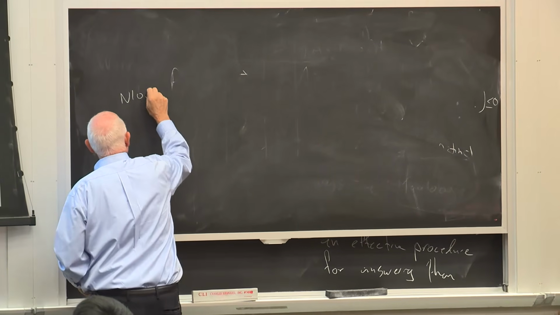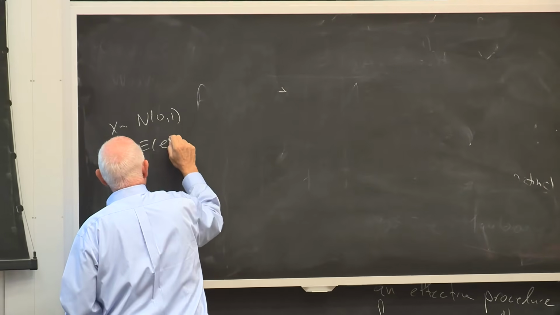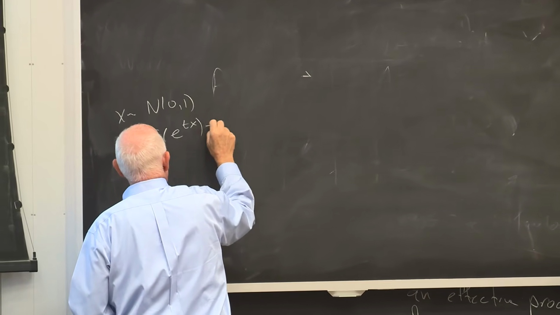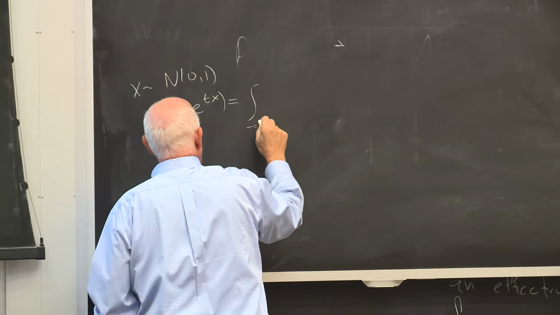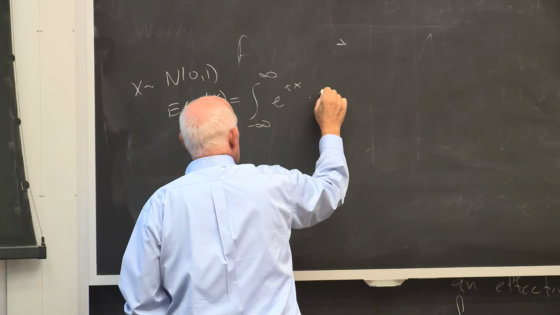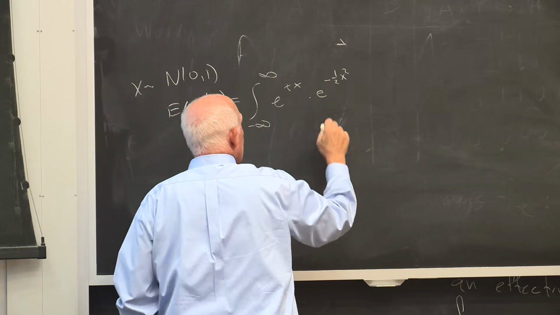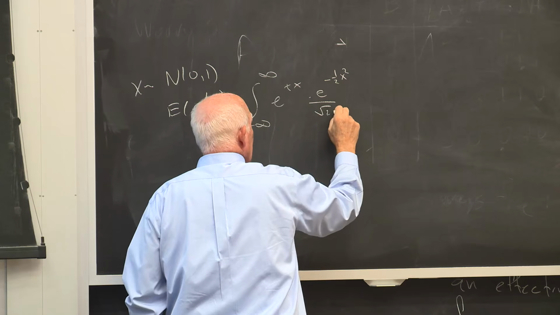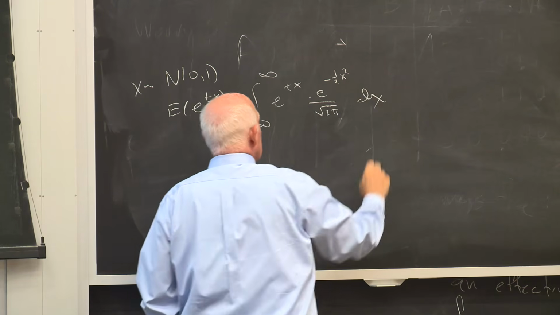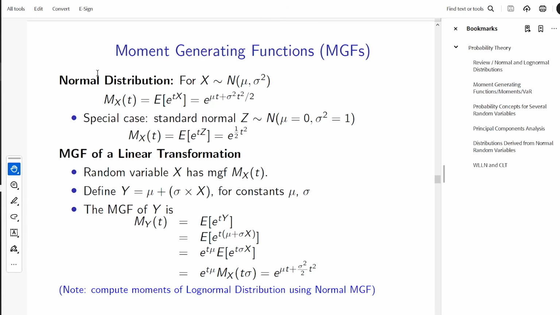For a normal 0, 1, the expected value of e to the tx is equal to the integral of e to the tx times e to the minus 1/2 x squared over root 2 pi dx.